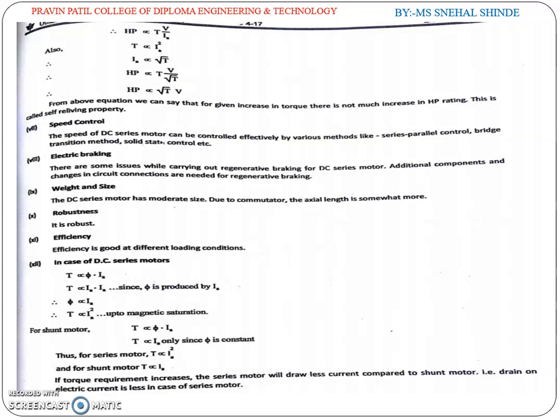Thus for the series motor, T is proportional to Ia square and for the shunt motor T is proportional to Ia. If the torque requirement increases, the series motor will draw less current compared to the shunt motor, that is, the drain on electric current is less in case of the series motor.